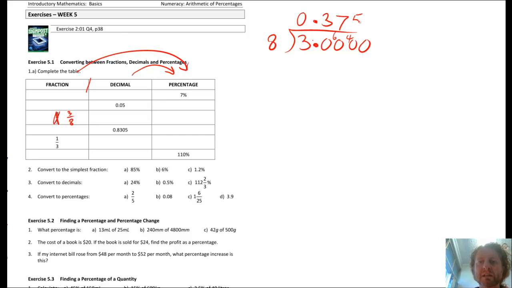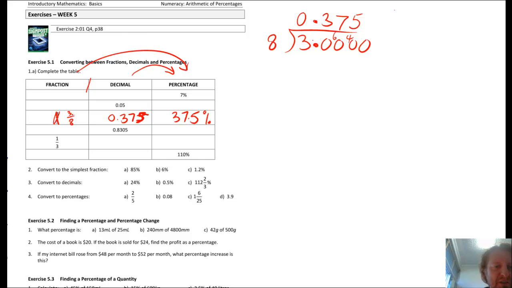And 8s out of a 40, well, that's 5. And that's on the dot, so I've stopped. So 3 8ths is 0.375. And by doing that, times 100 becomes a percentage, so it becomes 37.5%.